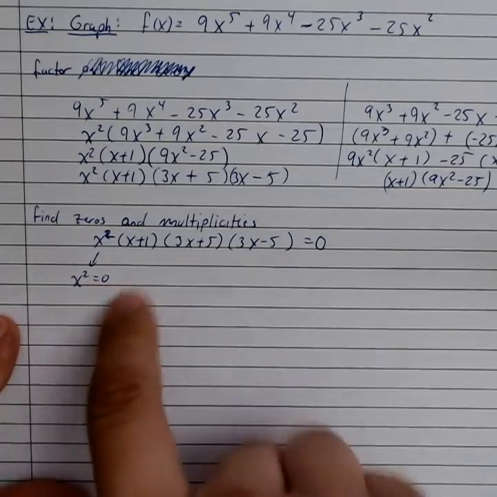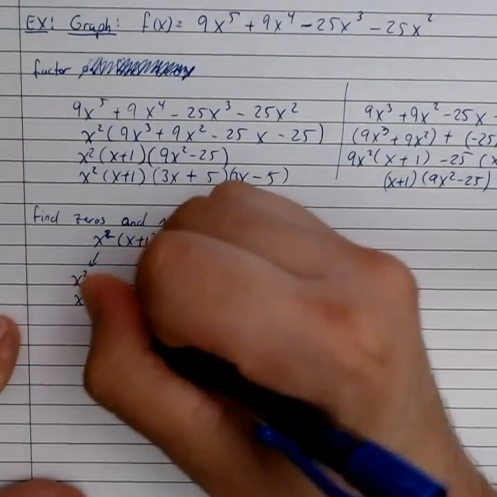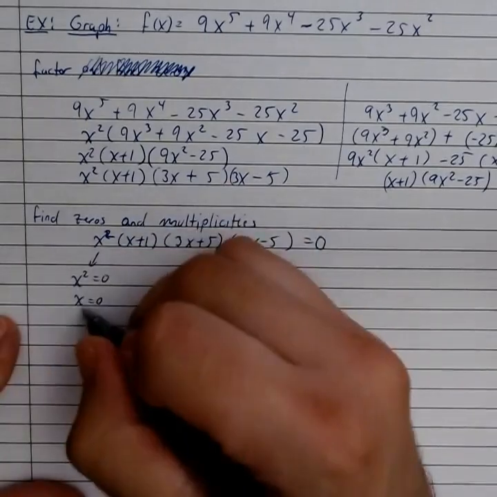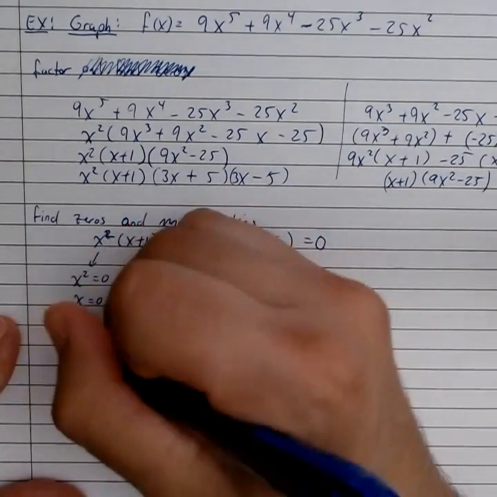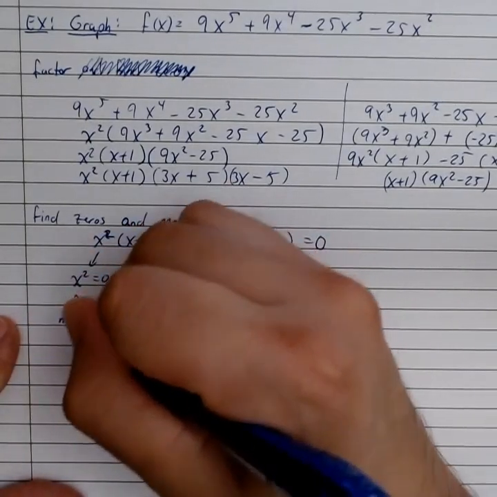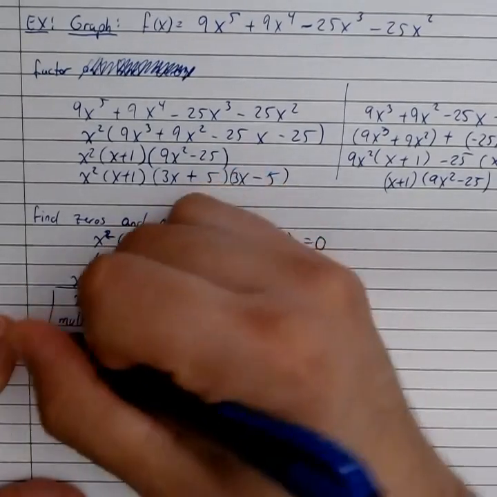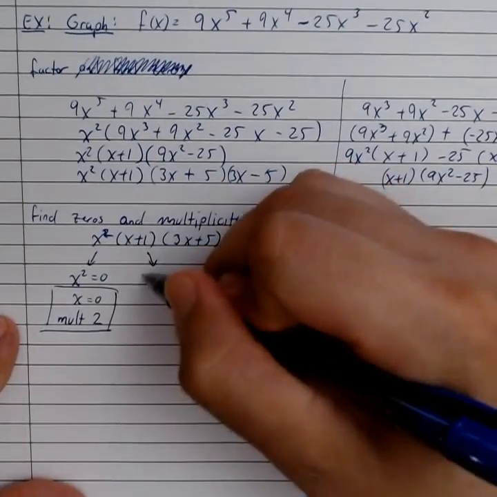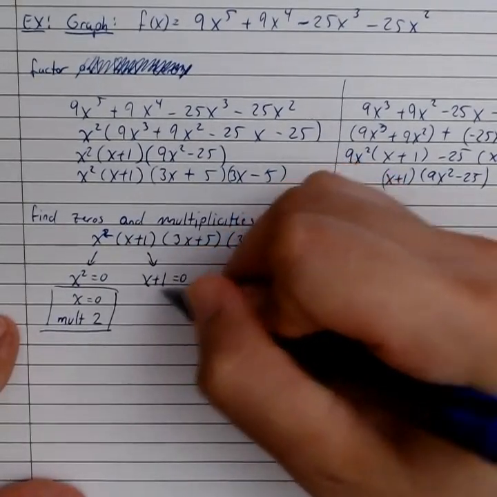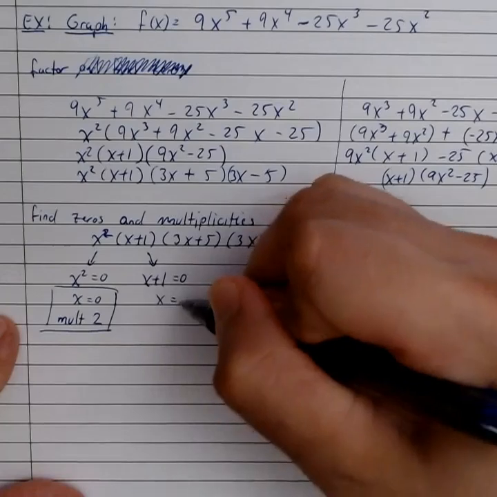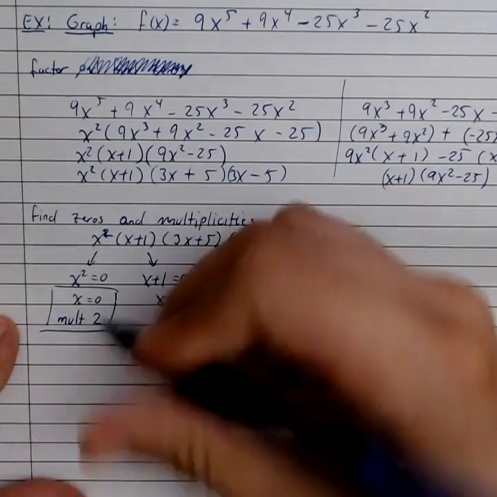Well, if x squared is equal to 0, that means x is equal to 0. Notice the multiplicity. The power there is 2, so the multiplicity is 2. If I have x plus 1 is equal to 0, I can subtract 1 to the other side, and that'll give me x is equal to negative 1.